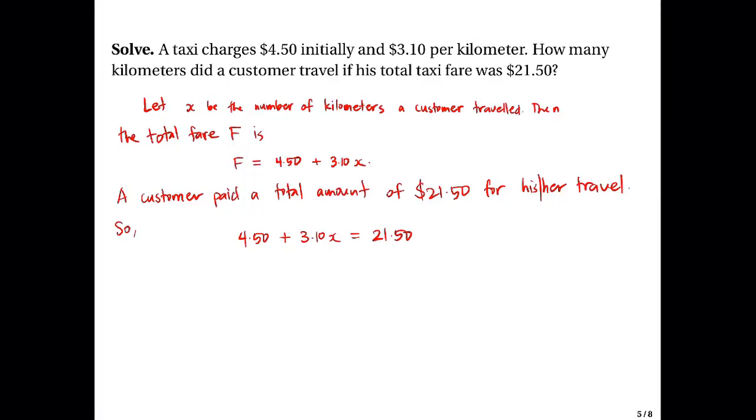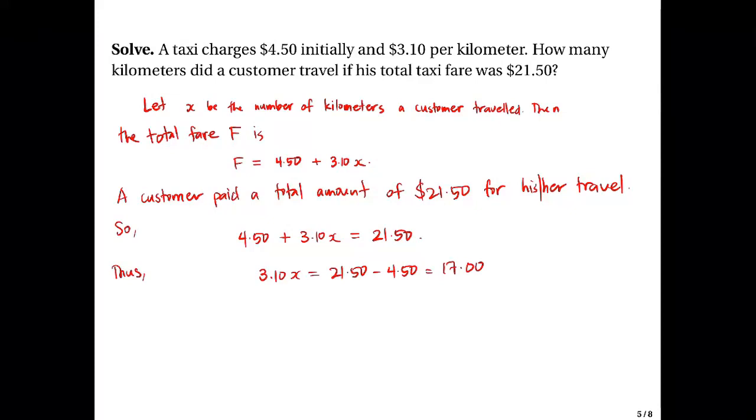So we'll just solve for x as usual. We will have thus 3.10x. This is equal to 21.50 minus 4.50. So this is just $17.